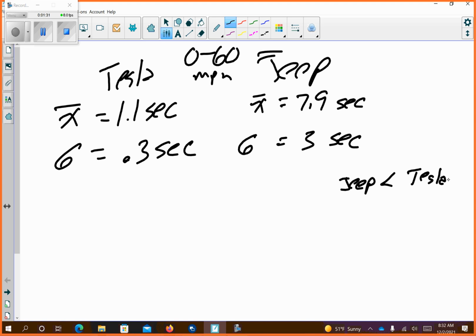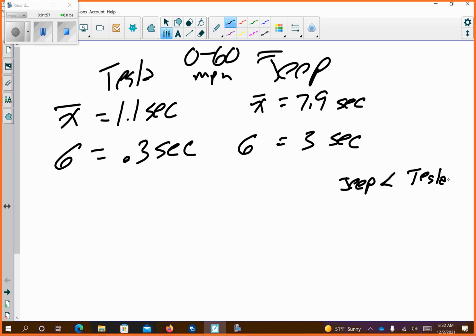Okay, so can the Jeep have a quicker 0 to 60 than the Tesla? One standard deviation below in this situation takes us down to 4.9 seconds. A second one takes us down to 1.9. A third one takes us definitely in that range.